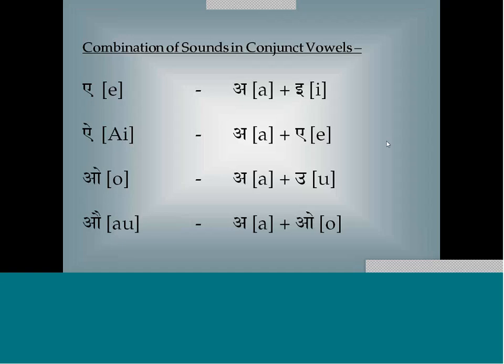Then I, you can see, I is a combination of the sound A and A. Sorry, A and A, not I. We know the place of pronunciation of A is the throat.